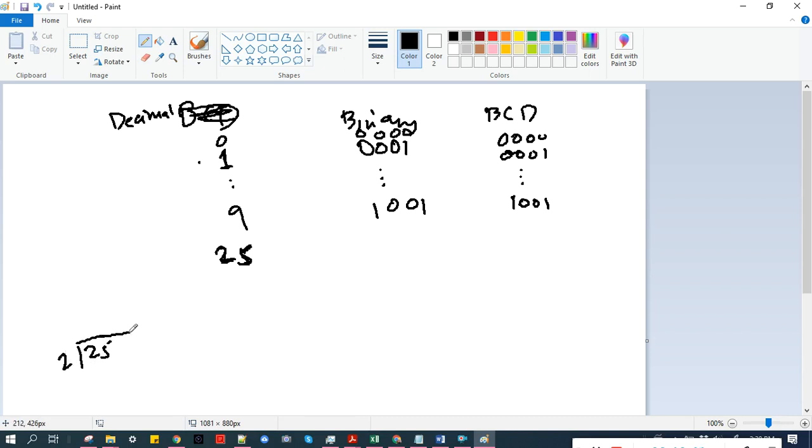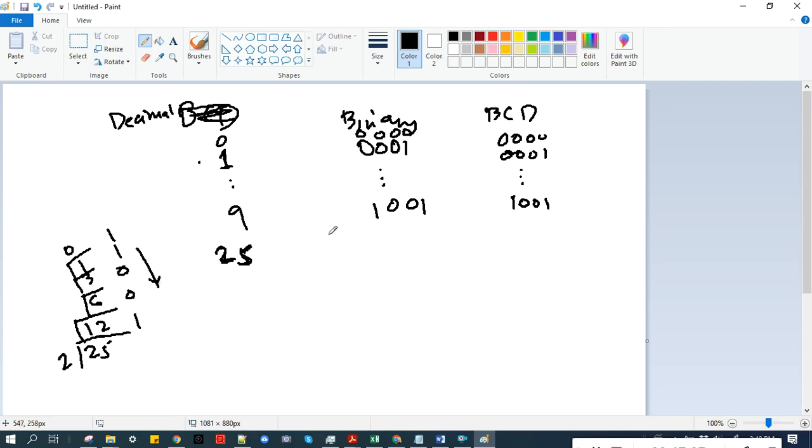Divide by 2. 25 divided by 2 is 12, remainder 1. 12 divided by 2 is 6, remainder 0. 6 divided by 2 is 3, remainder 0. 3 divided by 2 is 1, remainder 1. 1 divided by 2 is 0, remainder 1. And we read it downwards.